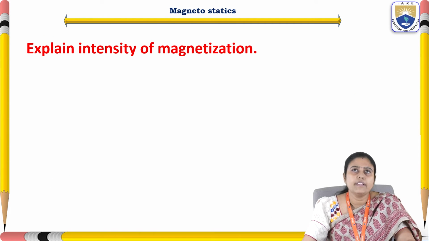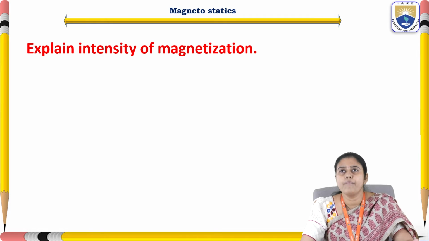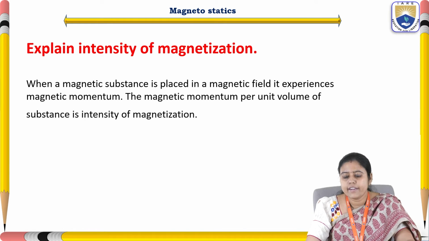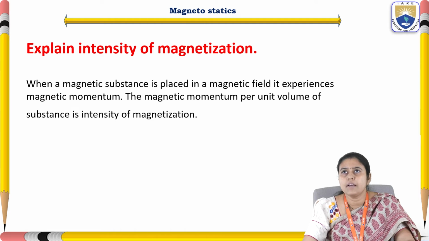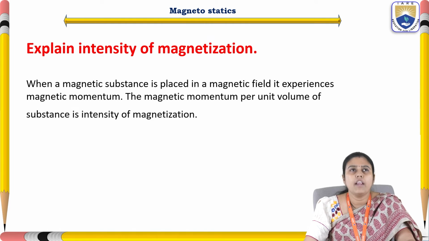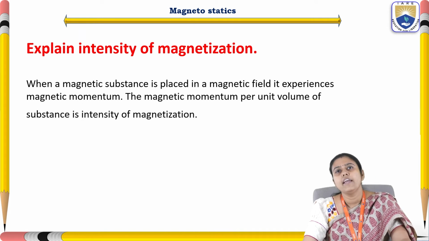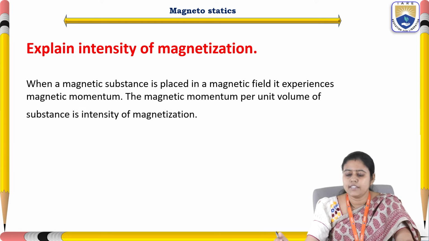Then explain the intensity of magnetization. When a magnetic substance is placed in a magnetic field, it will experience a magnetic moment. The magnetic moment per unit volume of the substance is known as the intensity of magnetization.